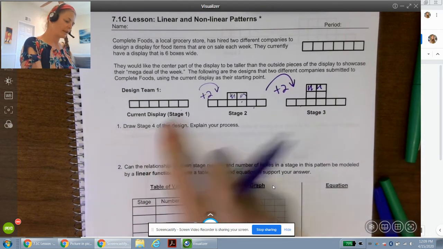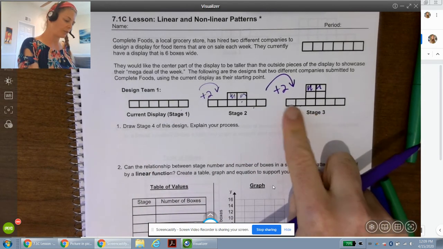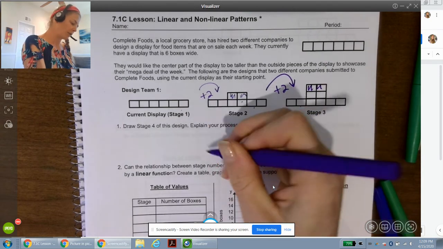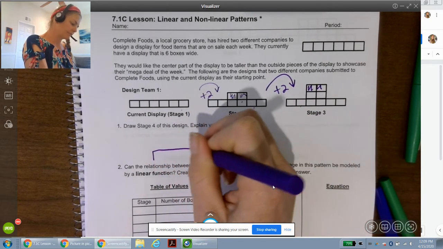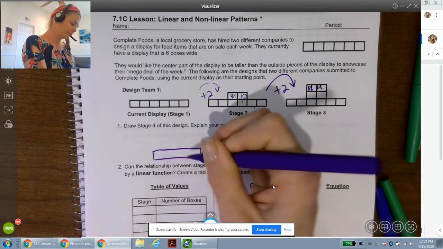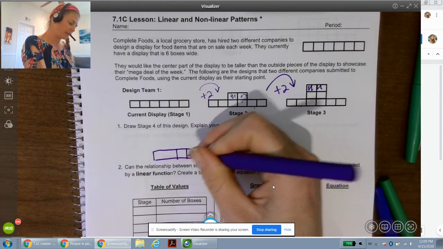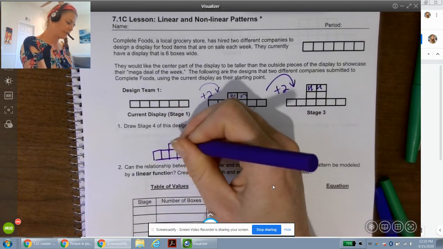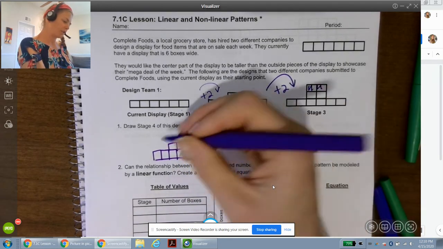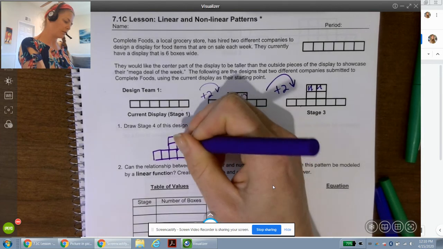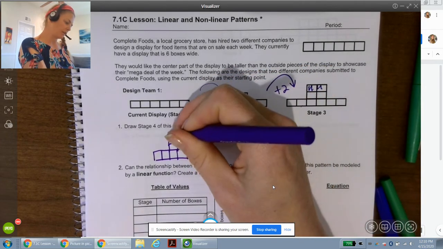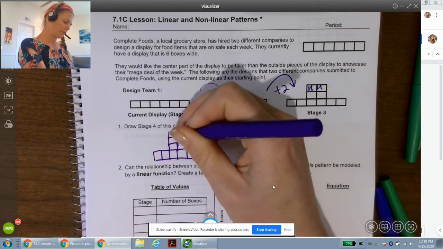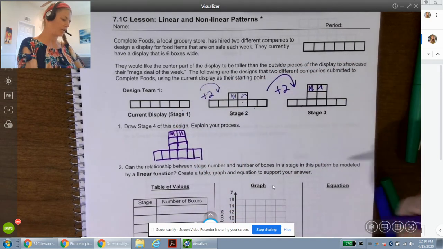So to draw stage 4, I'm going to take stage 3, which is 1, 2, 3, 4, 5, 6 blocks on the base. So there's half, and I need to make 3 blocks on one side, 3 blocks on the other. My center section used to be 3 tall, so now it's going to be 4 tall. Explain your process.